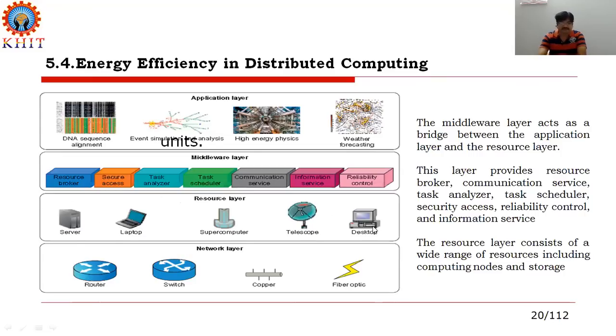These five are considered resources which can send requests to the server, and the server will respond automatically. For that, how much energy is required? If you are working with a laptop, how much energy is required, how much power is required, or how much bandwidth is required? If you are working with a desktop system, what is the energy efficiency? Which one is the most efficient? We can select that one and operate that one.